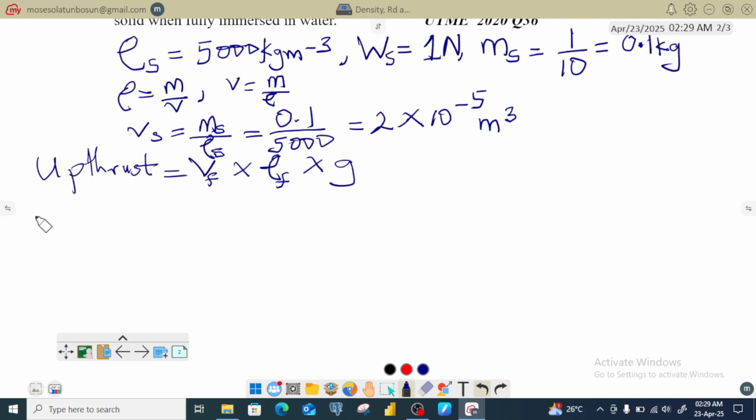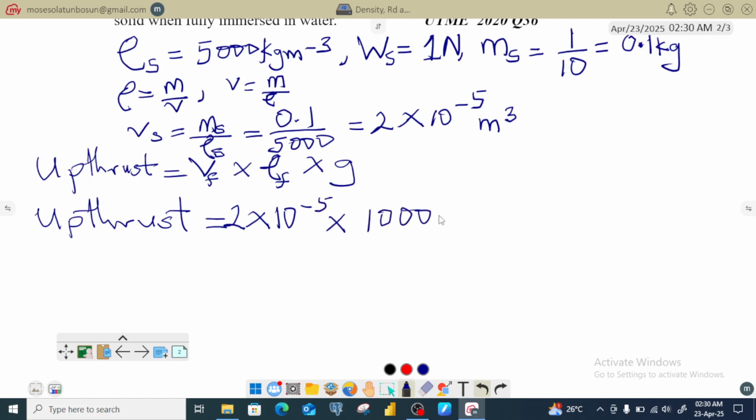Therefore, upthrust, which is our first question, will be equal to the volume of the fluid, which is equal to the volume of the solid, since the body is fully immersed in the fluid. That will be 2 times 10 raised to the minus 5, and the density of the fluid, which is the density of water, that is 1000, and acceleration due to gravity is 10.